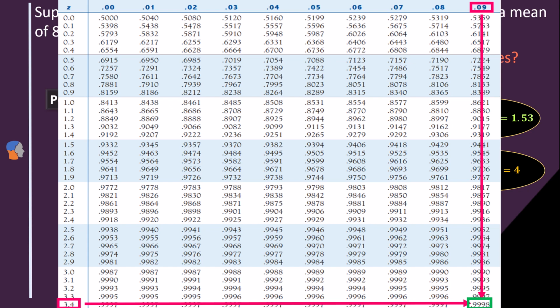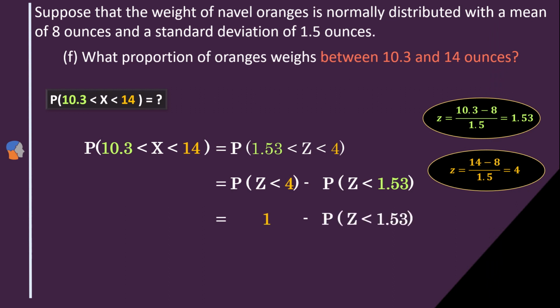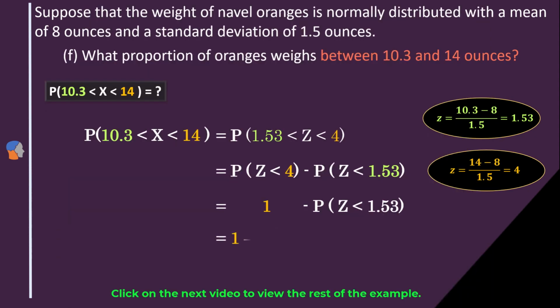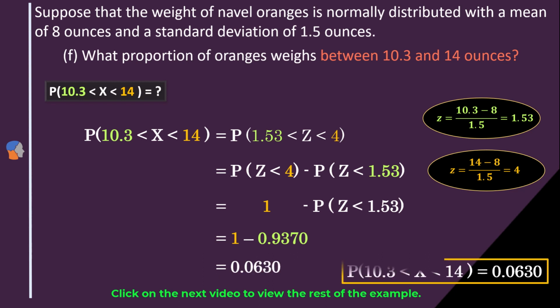So for any z value greater than 3.49, as an example 3.5, and in our case 4, we always use 1. That means here the probability of z less than 4 is 1. Now go to the table to find the probability of z less than 1.53. That is 0.9370. Now we can subtract from 1 and the answer is 0.0630.